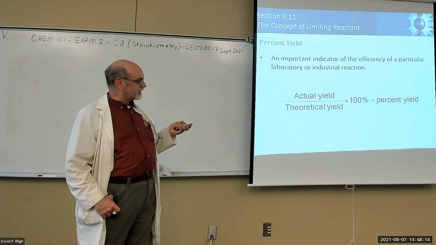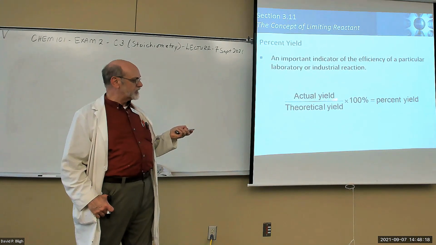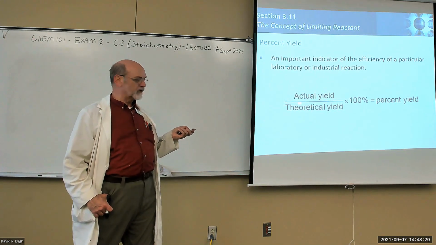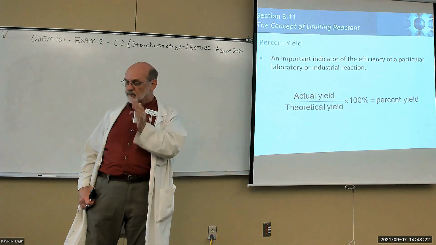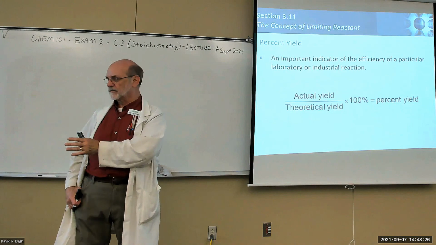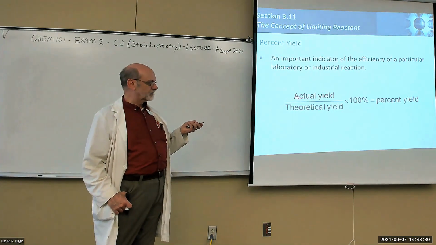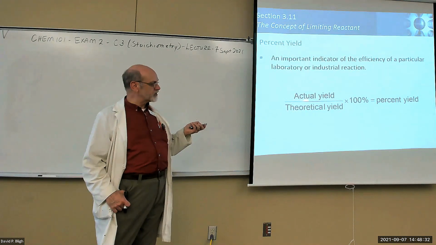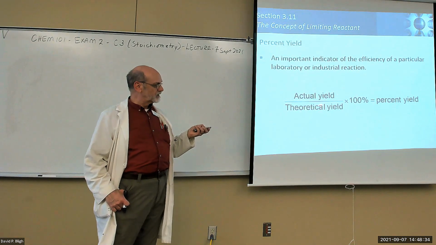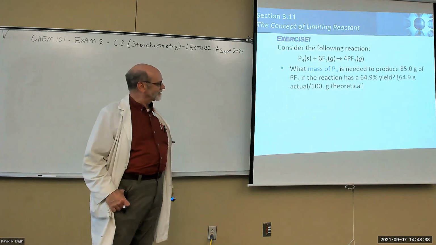So in reality, you have a certain amount of yield of a product, and you can compare that to the theoretical yield, because you know what you started with, and stoichiometrically speaking, you know what you should end up with. But when you actually measure it, it's always less. And you just ratio those two times 100, and that's your percent yield. Okay?